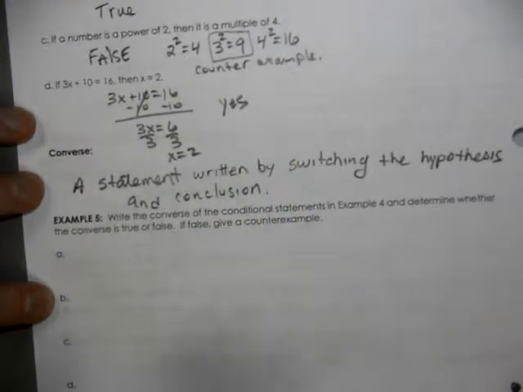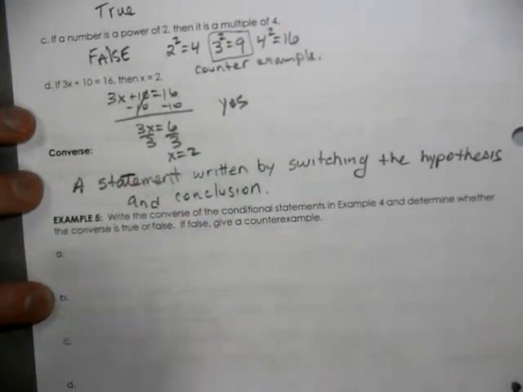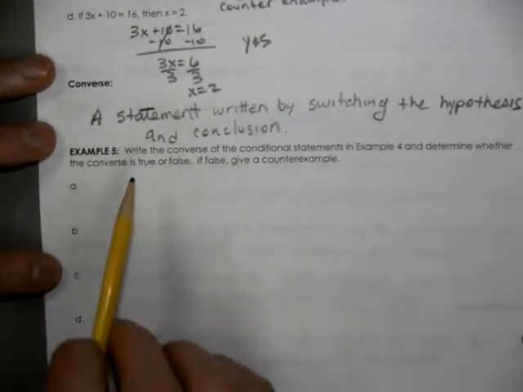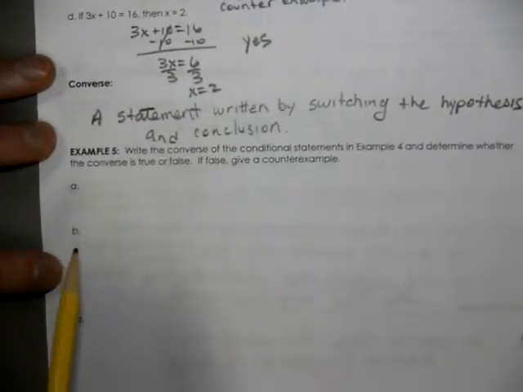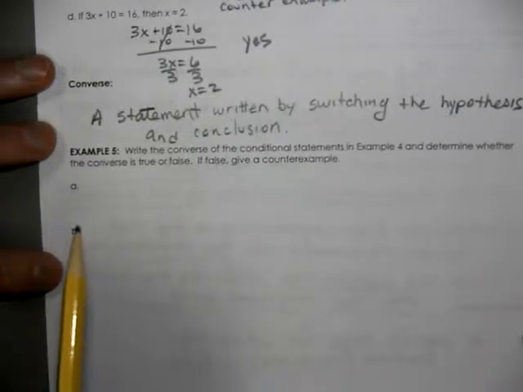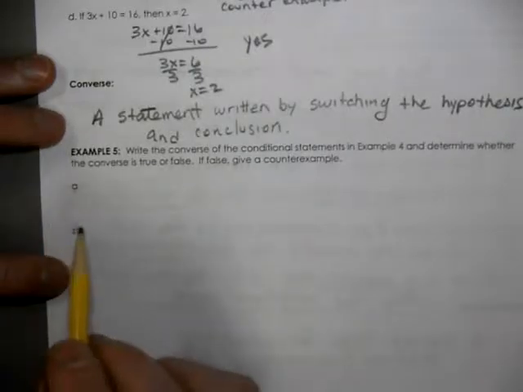So we're going to take the if portion, we're going to take the then portion, and we're going to switch the two around. You still say the if first, but you take the hypothesis and switch it with the conclusion. So for part A, we're going to take our statements from above, and we're going to switch the conclusion and hypothesis and see if we have a true or false statement. And if it's false, we're going to give a counterexample.